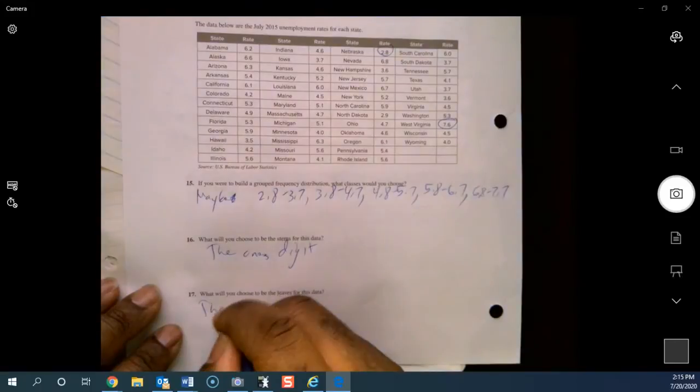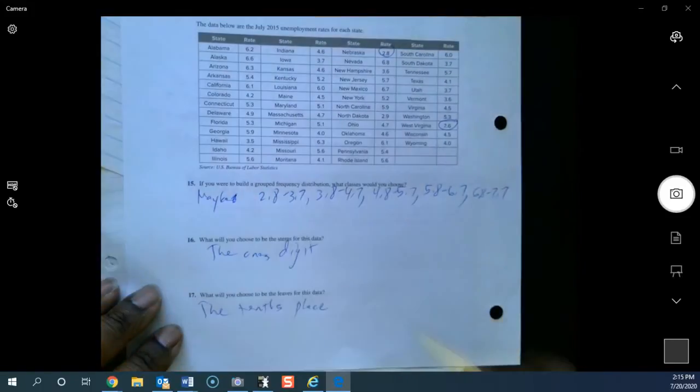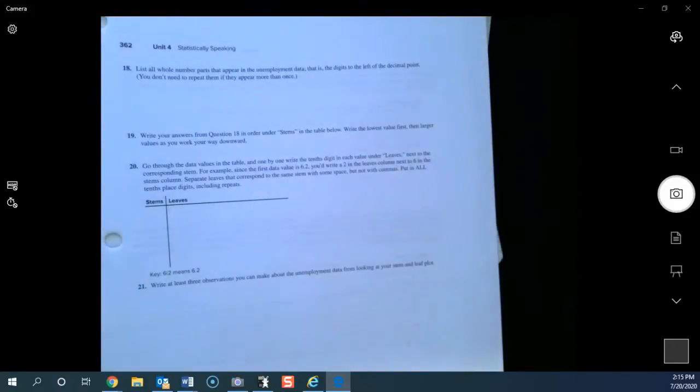It'll be the tenths place. So it'll be the ones digits for the stem and the tenths place for the leaves. Now we know this is all leading up to something.